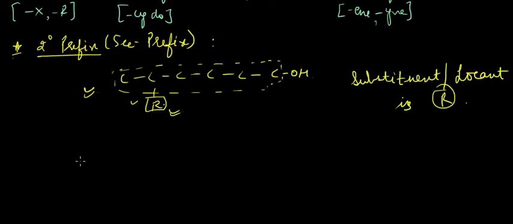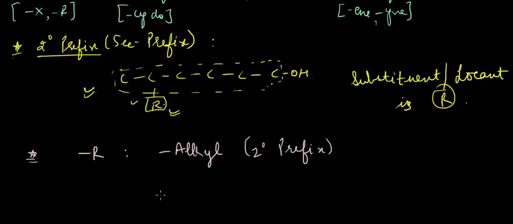So what we do is we write something like this. The R is actually known as alkyl. This is the word we use for representing the substituent R as a 2-degree prefix.